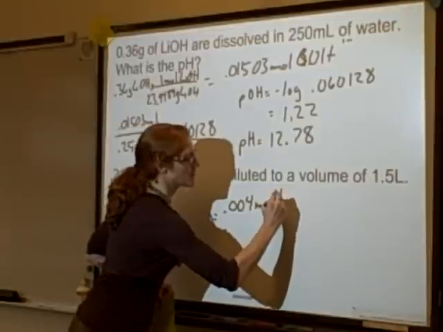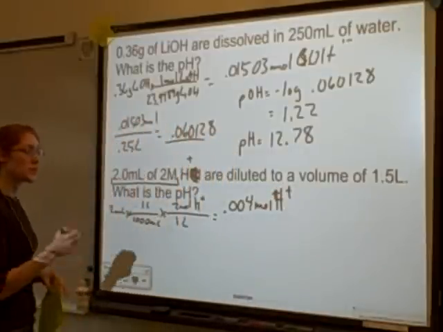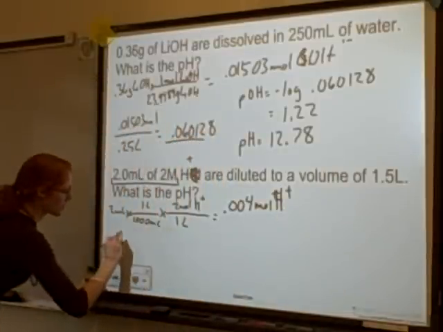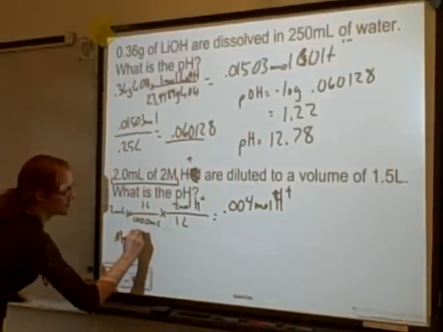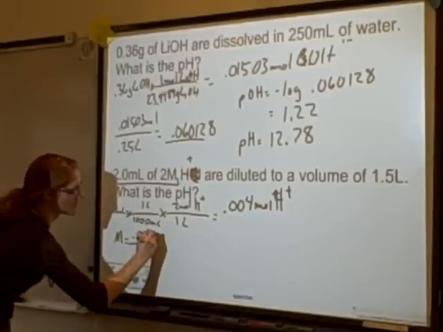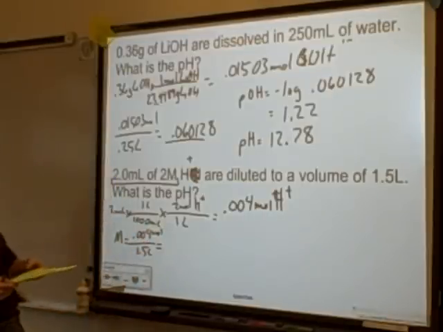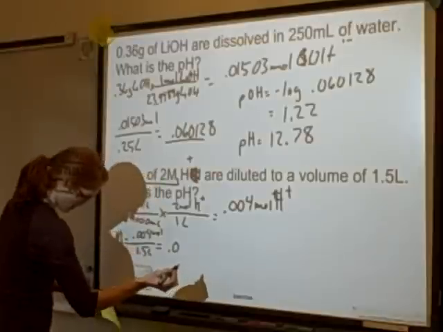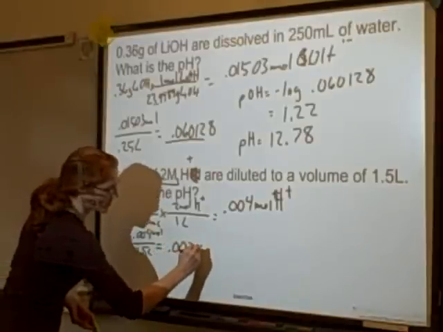And the molarity of the H+ will be that 0.004 divided by the 1.5 liters. So moles per liter. That's liters, that's moles. The moles per liter is going to be 0.0026.